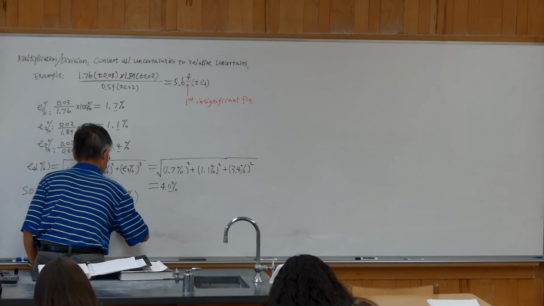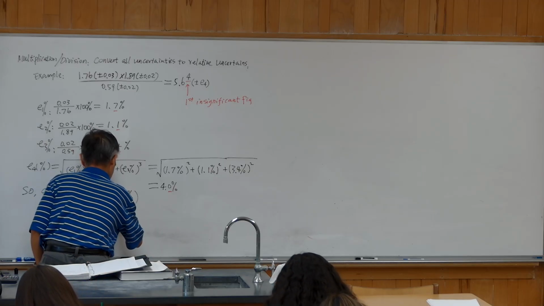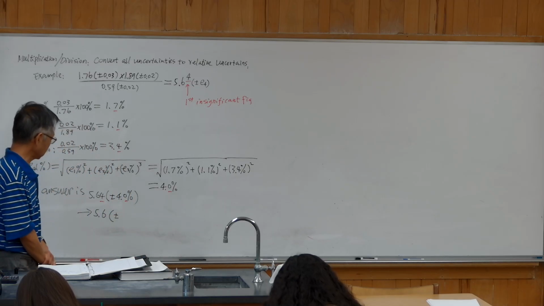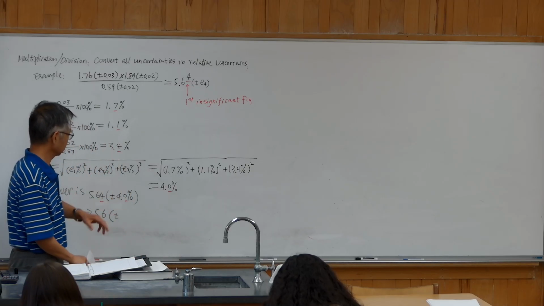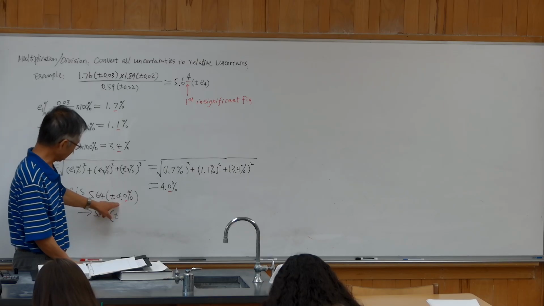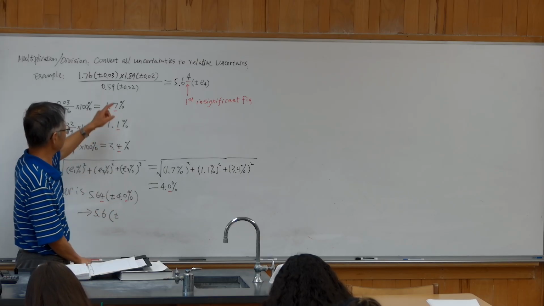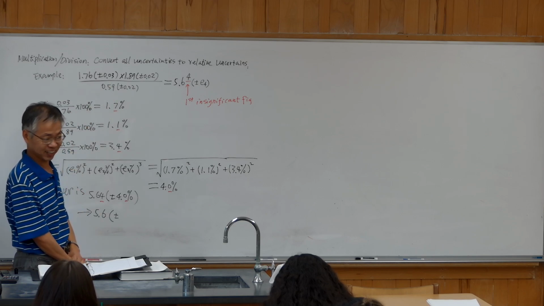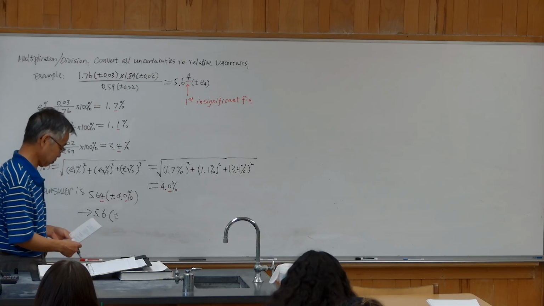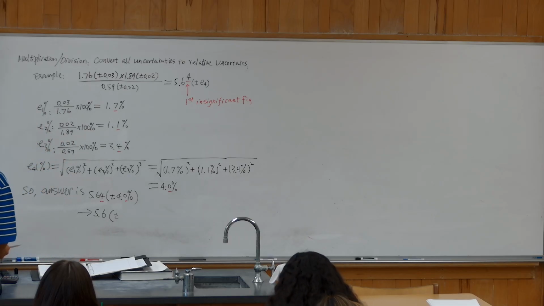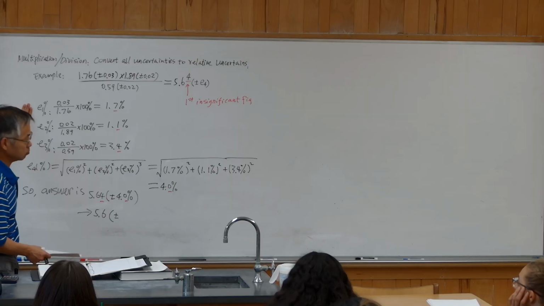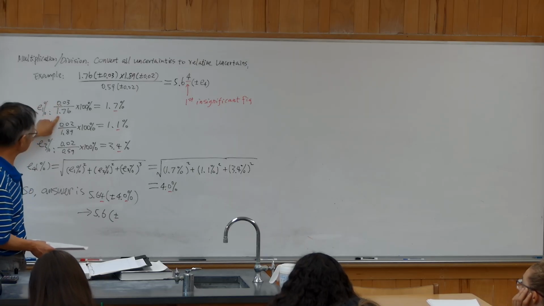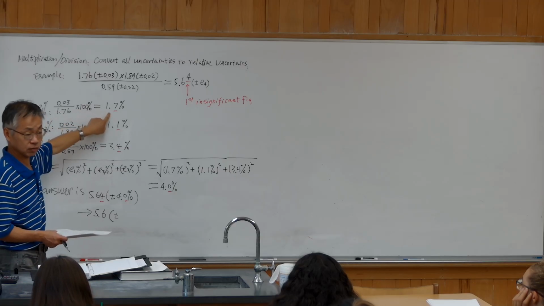Plus or minus should be inside, for instance. Then what is the uncertainty? No, this is relative. We need to convert back to the absolute format. How to convert to the absolute format? Since we convert to relative like this, absolute error divided by the actual value times 100% gives the relative error.